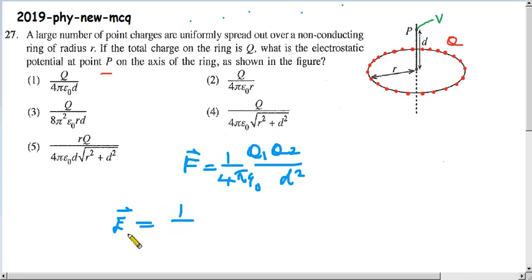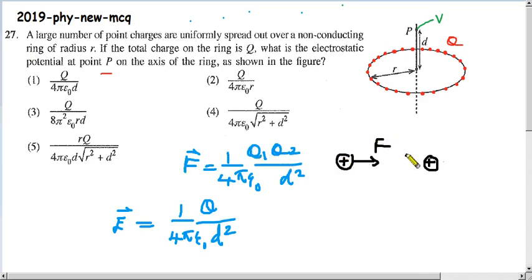E equals 1 over 4 pi epsilon naught Q divided by d squared. So this first equation we apply to point charges like this, for 2 point charges, and what we get as F is the force between those 2 point charges.